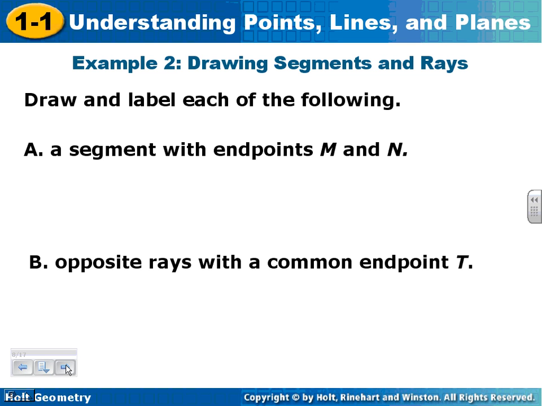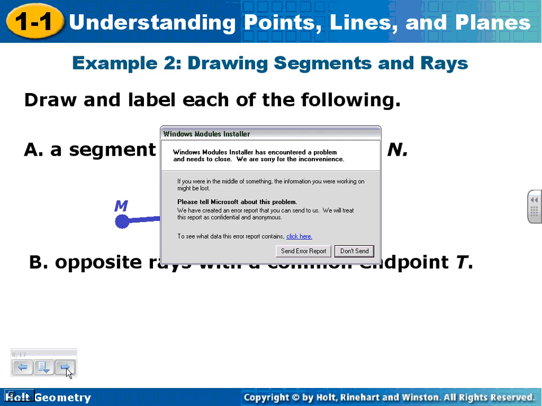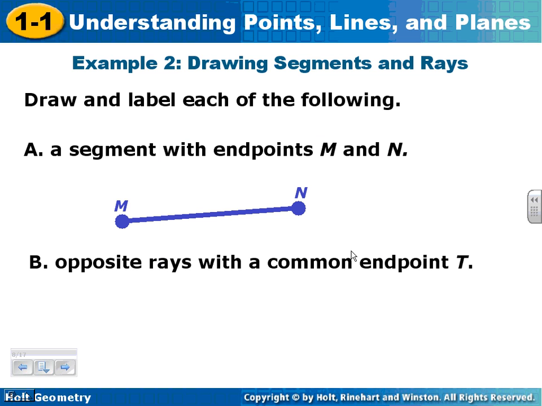Example 2, drawing segments and rays. Draw and label each of the following. Part A, a segment with endpoints M and N. Something like this. A line segment with endpoints M and N. For letter B, opposite rays with a common endpoint T. So T would have to be in the middle.